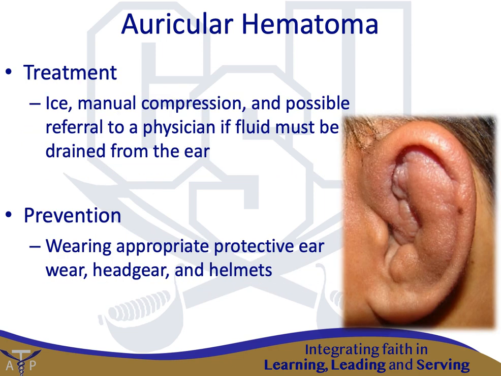You can see here how closed off that ear is, so that's why we sometimes get difficulty hearing or hearing loss. Treatment, we can put ice on it and manual compression to decrease some of that swelling. If it doesn't go away, we may need to refer the athlete to a physician to get the fluid drained and what they call buttoned, which means they put a button inside the ear so that the swelling doesn't come back.